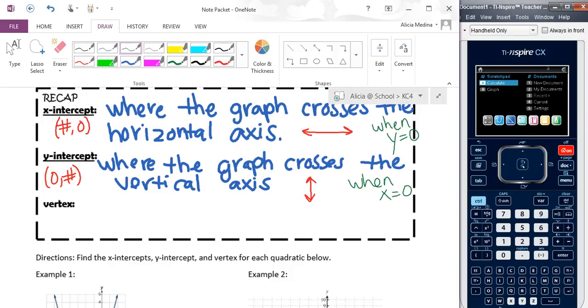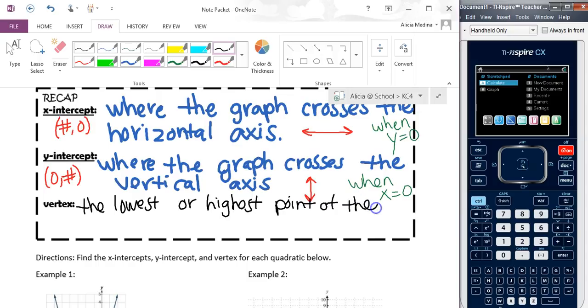Our vertex is going to be either the lowest or the highest point. So it is either or. It can't be both at the same time. So this is going to be the lowest or highest point on the parabola.